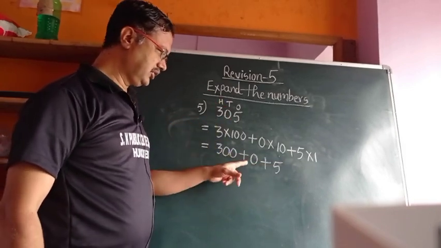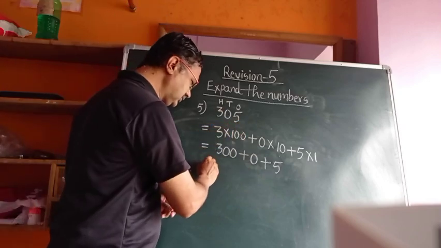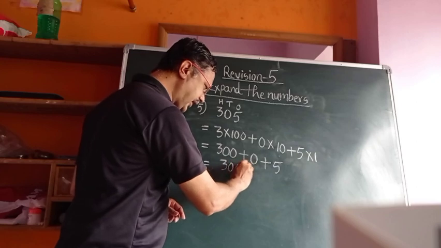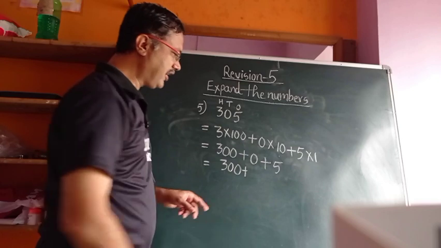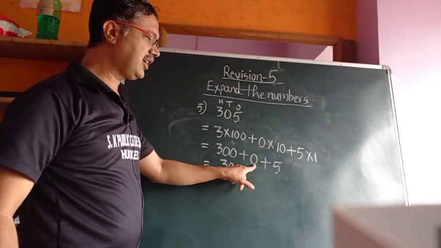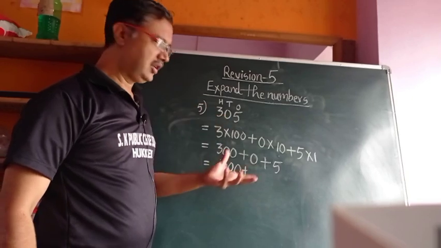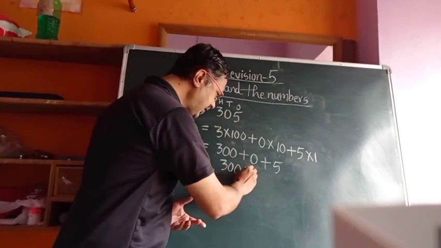Or this is also correct, you can write 300 plus 5. It is not necessary to write this 0, because nothing is there, means you can omit that, you can erase that.